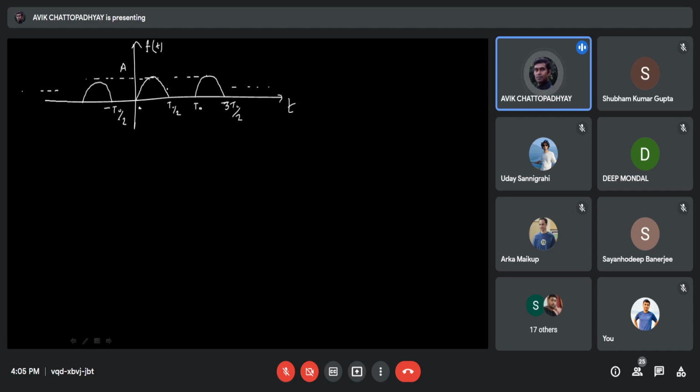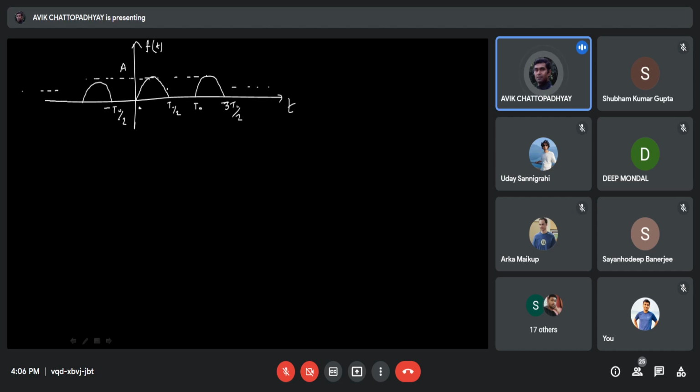But I mentioned just now that any arbitrary signal can be represented in terms of its even part and odd part. If you add these two parts, even and odd, you will ultimately get back that signal. That is the very basic thing, your fundamental knowledge.